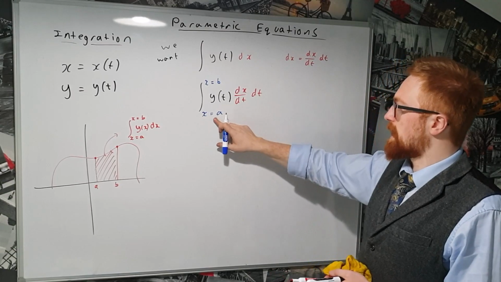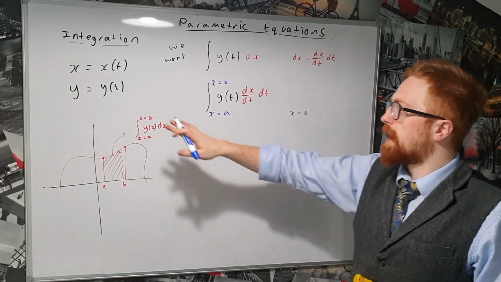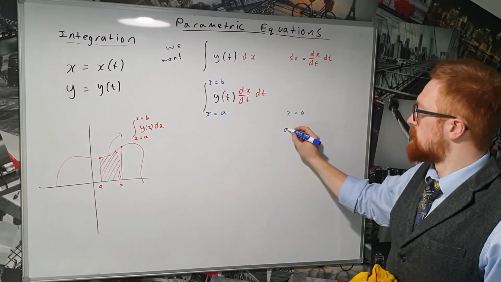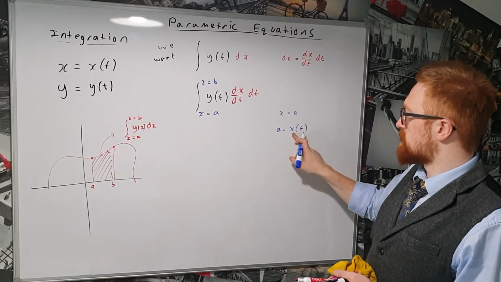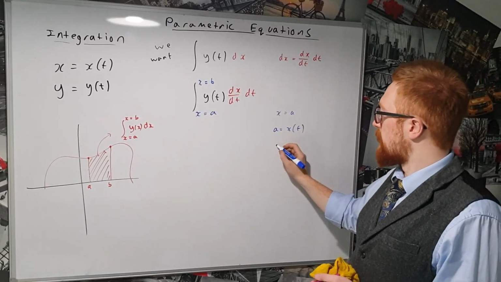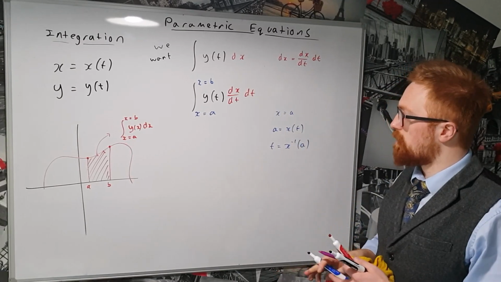So let's just have a look at x equals a. So if x is equal to a, well then we get a is equal to our function of t, and then to get t as the subject we need to do the inverse of x. So then we get t is equal to x inverse of a.